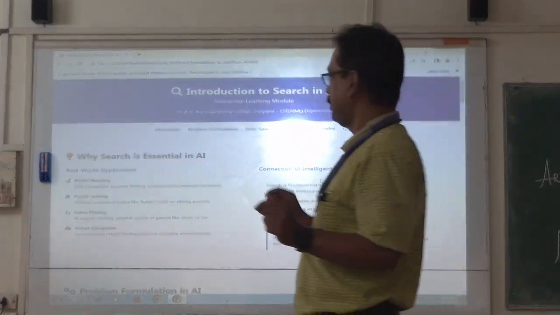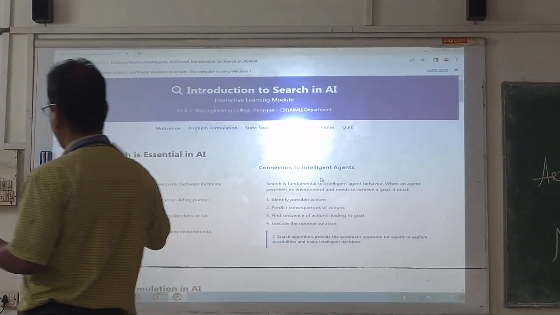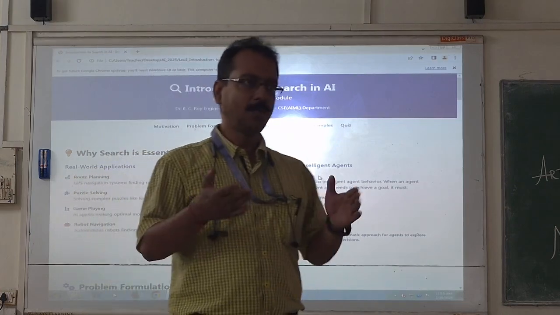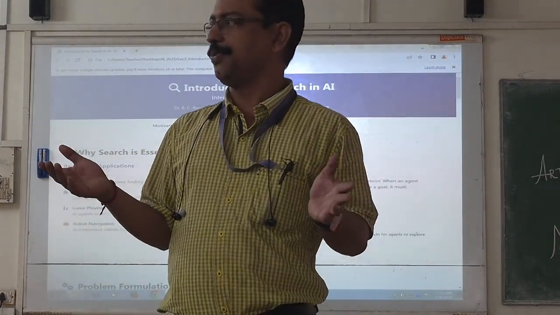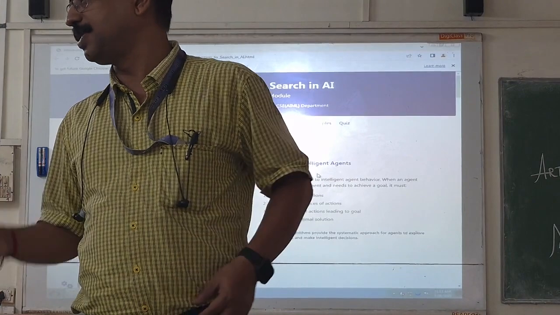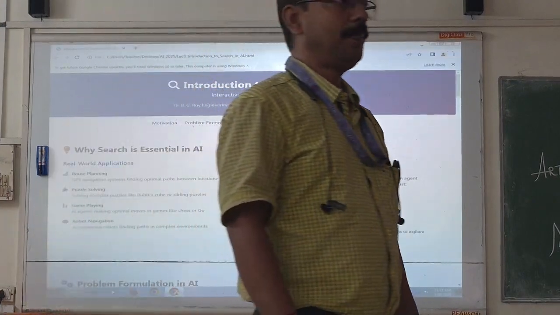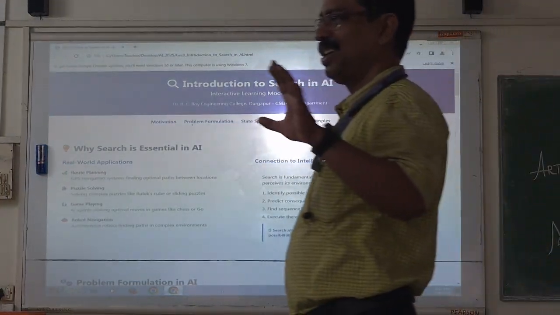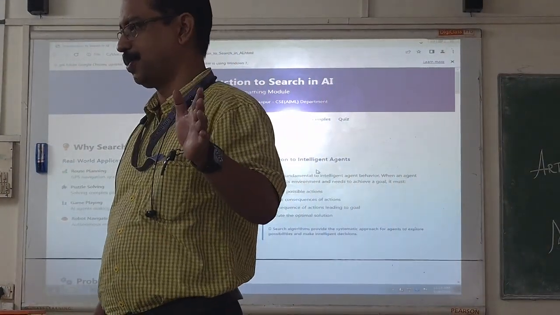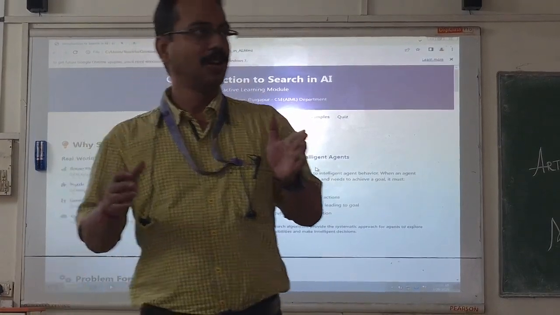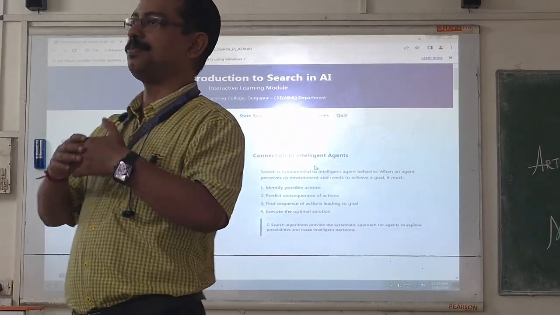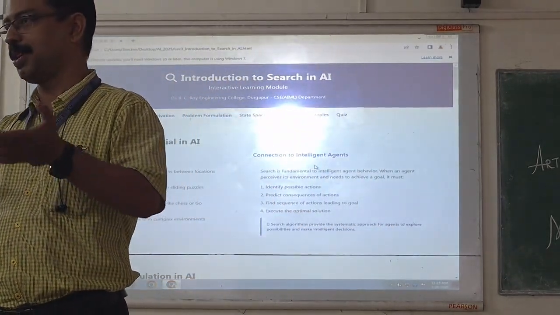There are varieties of problems being solved by AI nowadays. More or less in every case we can see that the application of AI is well visible. But if you think deeply, all of those problems can be converted to a state space search problem, because the software or the hardware or the combination which is giving you the solution is nothing but an AI agent.